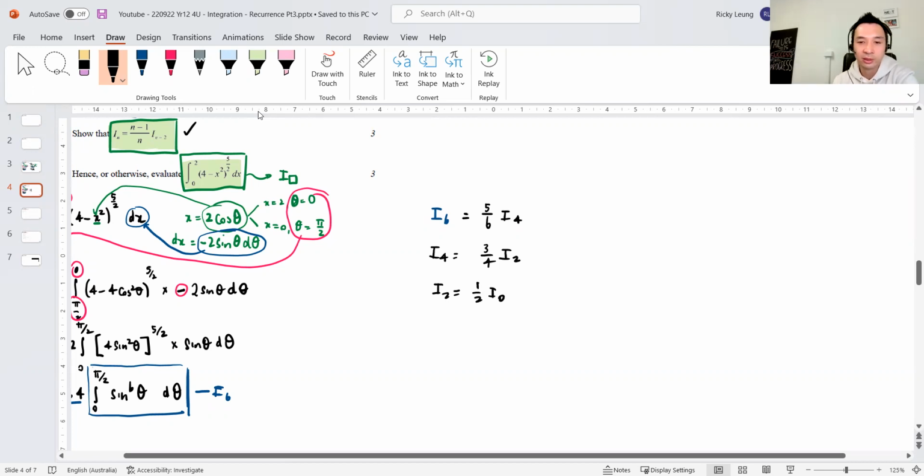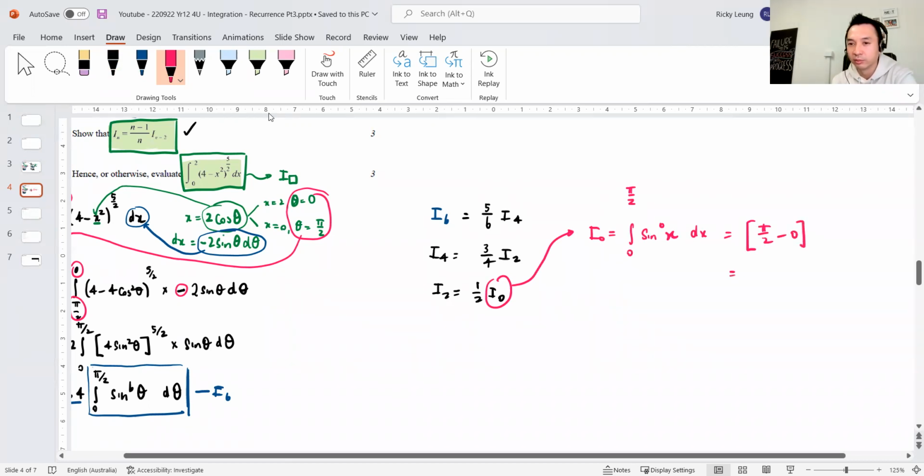Let's do I0 off to the side here. I0 equals the integral from 0 to pi on 2 of sine power 0 x dx. That's just 1. So pi on 2 minus 0, pi on 2. Let me make sure that's right. Yep, pi on 2. So sub that in and backwards populate.